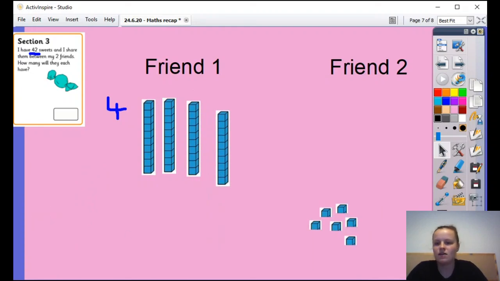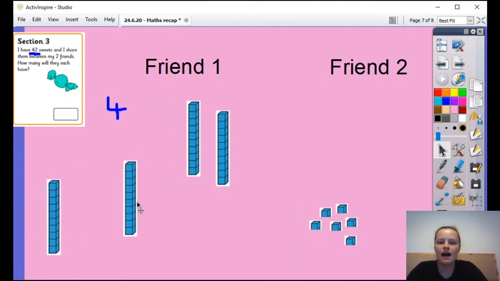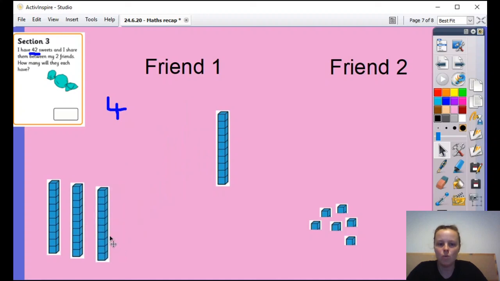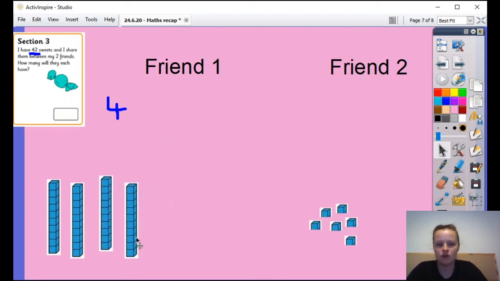Lovely. How many ones does 42 have? It has 2 ones. So let's get rid of the rest of these now. Having a look at what we've got here, I've got 4 10s and I've got 2 1s.